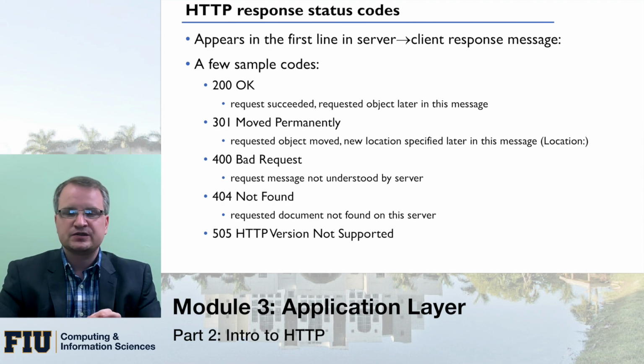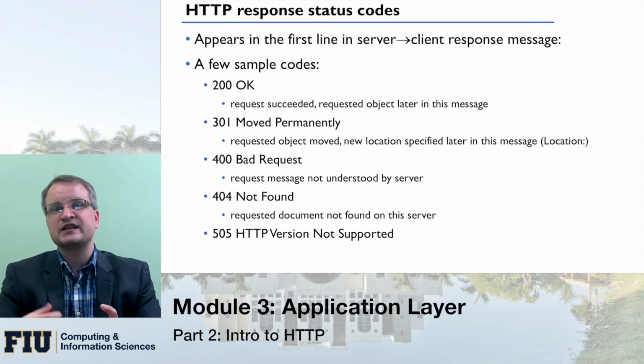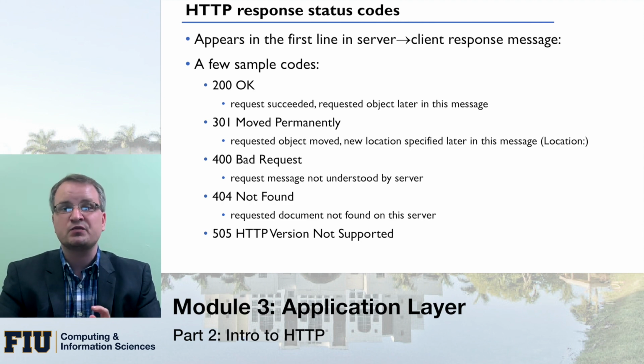For example, 301 indicates moved permanently, and most likely there's an indication of where it was moved, and the browser can technically request it again using this hinted location, hinted URL, and everything will be fine. Everything else, starting from 400, such as 404, indicates something really bad happened and most likely will not be resolved. 404, which I already mentioned, is resource not found, which means what you're requesting doesn't exist. And the 500s errors indicate something really bad happened either to the server, or something wrong with authorization, or something of that sort.